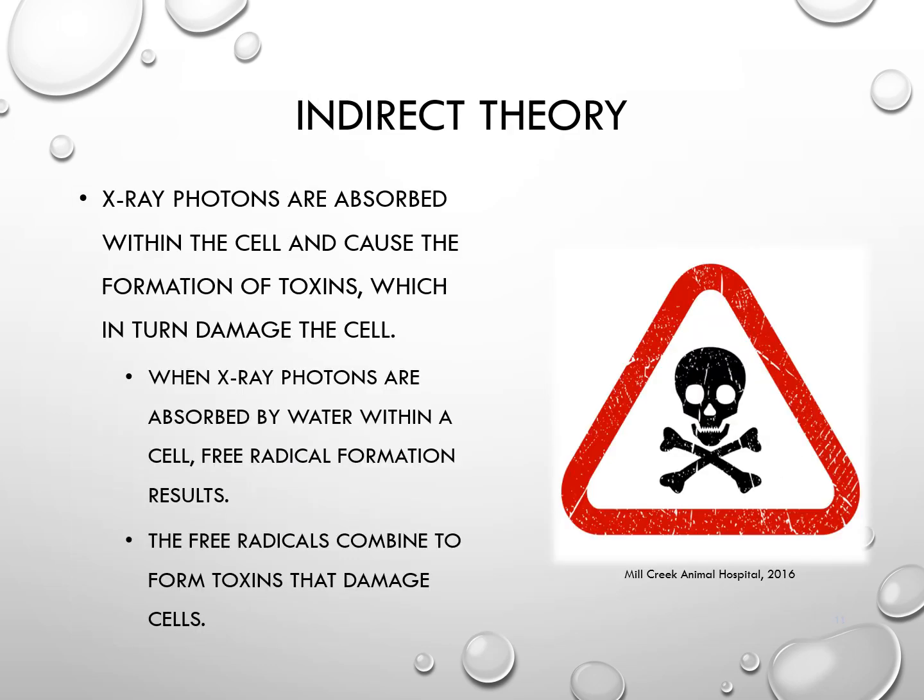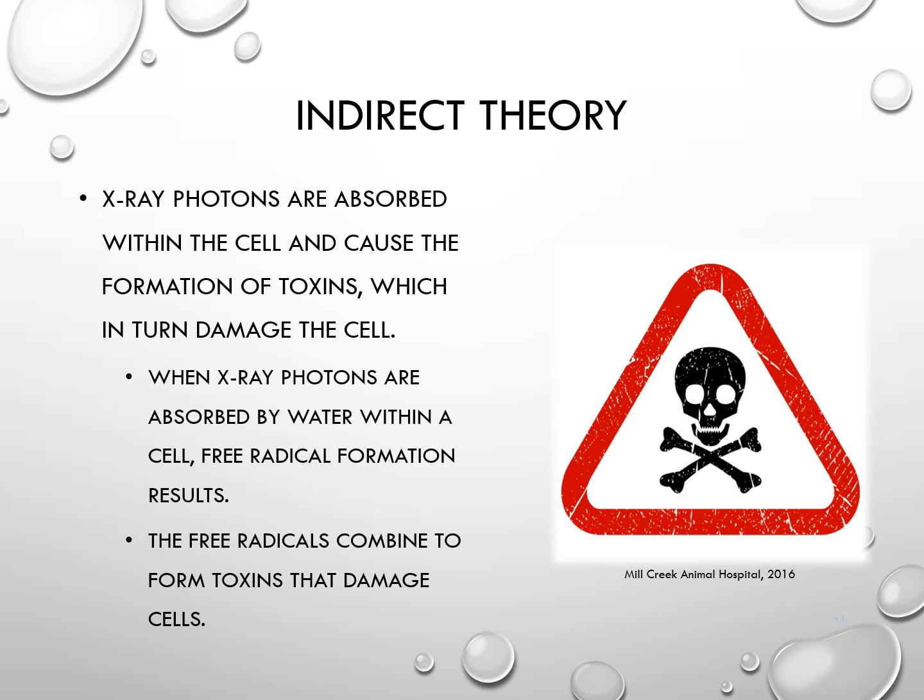So then the indirect theory is that X-ray photons are absorbed within the cell. They cause free radicals, which form toxins within the cell, which damage the cell. When X-ray photons are absorbed by water within a cell, that's when the free radical formation happens. The free radical combines with other free radicals to form toxins that damage the cell.